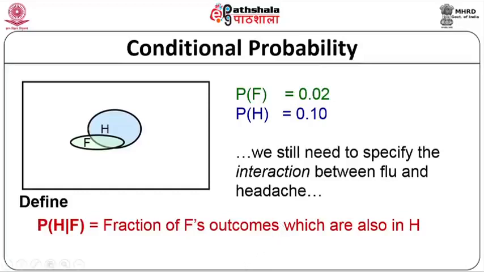Here we are trying to define that if a patient has got flu, so this event has occurred, we are trying to find the chance for the patient to have a headache.